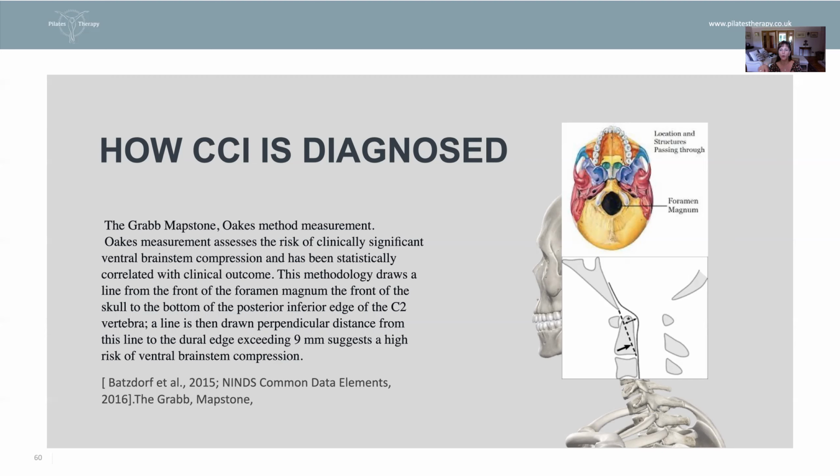But then you've got this perpendicular line, this measurement, again, looking at the angle. And if this line exceeds 9 millimeters, then it would suggest a risk of ventral brainstem compression. So you can see that the greater the angles are, and the bigger that measurement would be, the more compression there would be into the spinal cord or the brainstem.